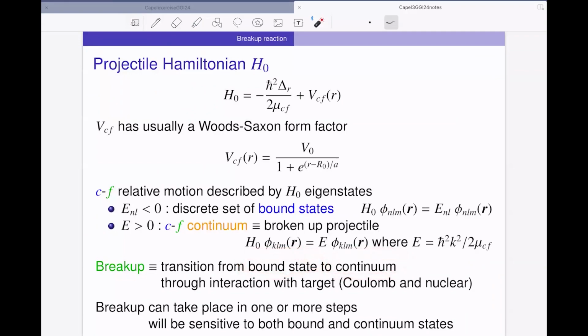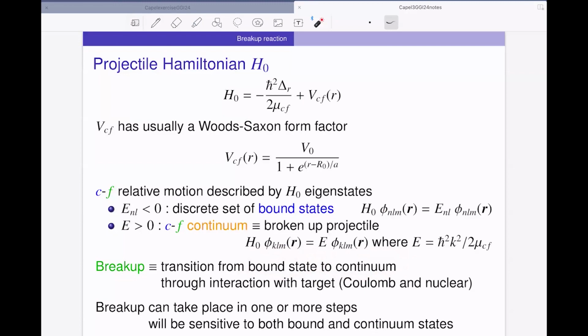That interaction leads to this tidal force, and it leads to the breakup of the system. Both Coulomb and nuclear interactions will play a role, and we'll see that can pose a problem when you want to describe these reactions. Breakup can take place in one or more steps. We'll see that again tomorrow. There is a dynamics of the reaction.